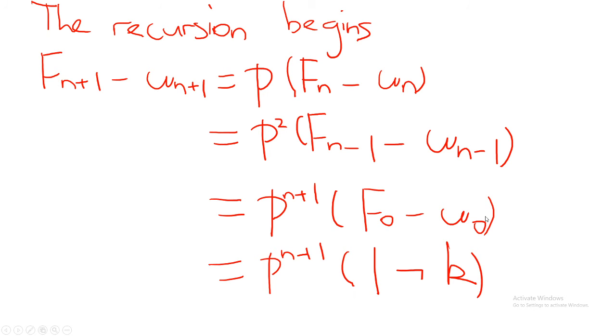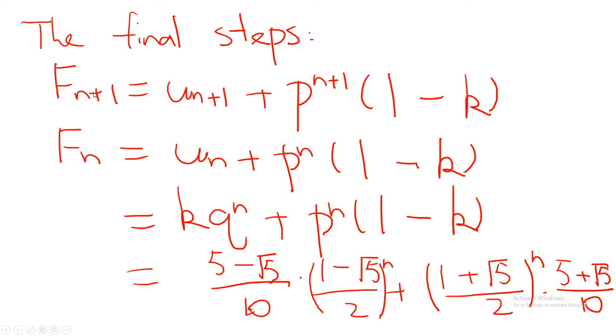Now we move this onto the right, and we have Fn+1 is equivalent to un+1 plus P to the n+1 power times 1 minus k. We replace n+1 with n. Fn is equivalent to un plus P to the nth power times 1 minus k.